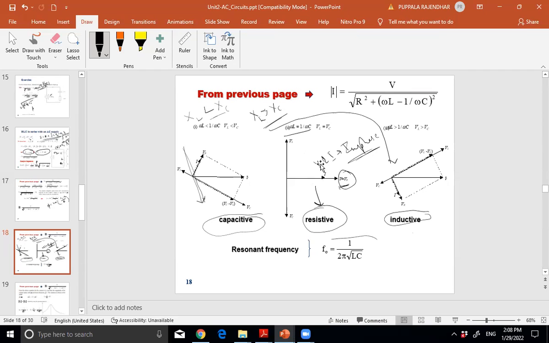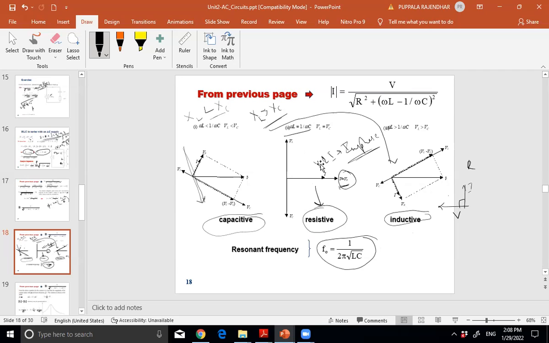And this is the equation for resonant frequency in a series RLC circuit. Whatever the angle in case of inductive, for a pure inductor, current is lagging by 90 degrees, right?